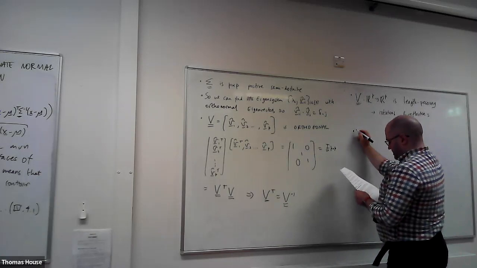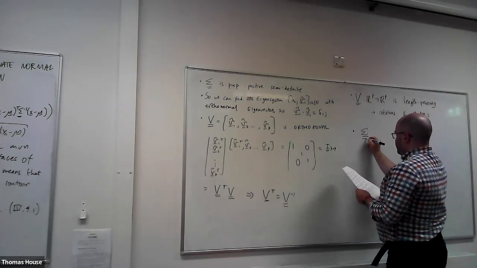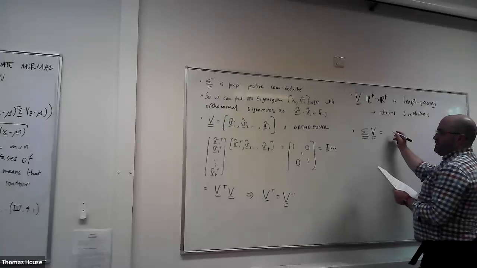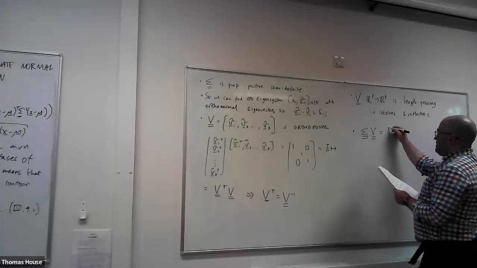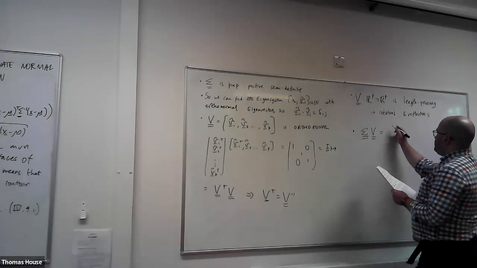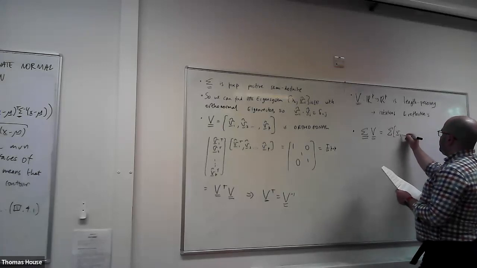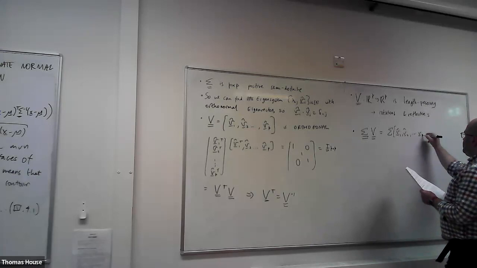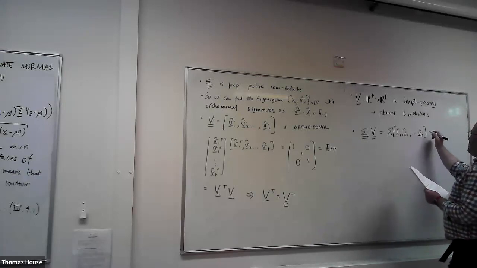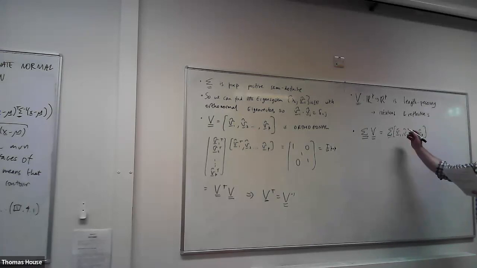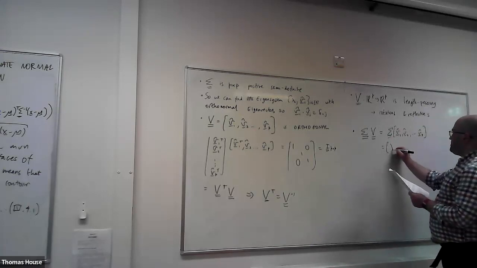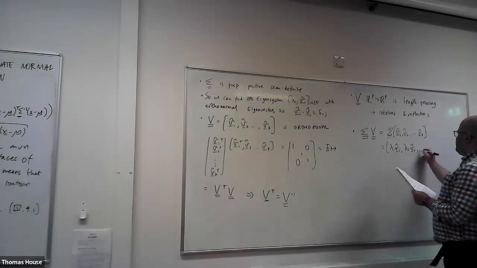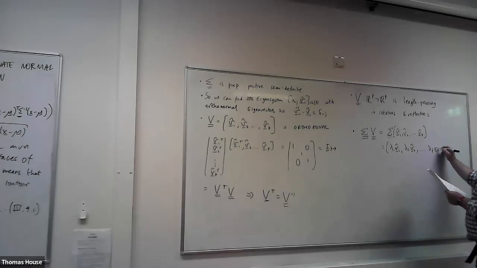And the other thing to note is that, let's check this one, so I didn't do this in as much detail. So sigma V is sigma on each of the columns, and then because of how matrix multiplication works, that's going to be the matrix made up of lambda 1 b1, lambda 2 b2, right, and so on to lambda p bp.